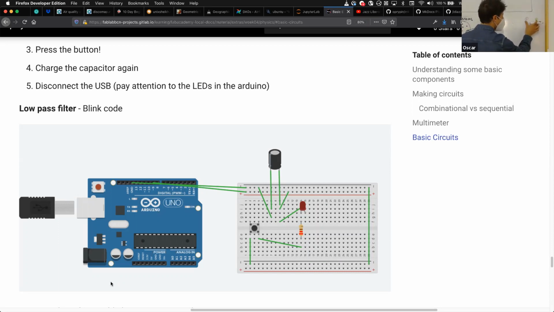Do they go away? Do they repel or attract each other? Negative and positive attract each other. Negative and negative repel each other, positive and positive repel. Right?